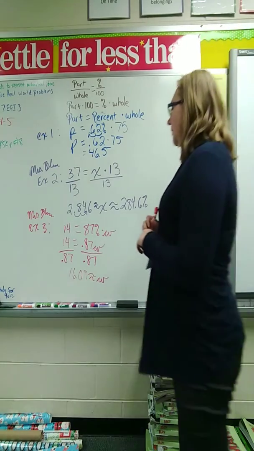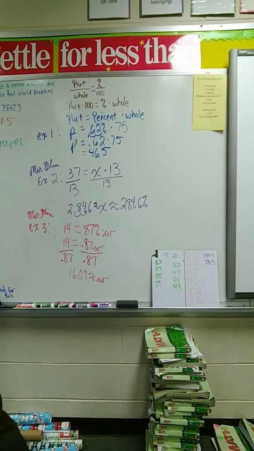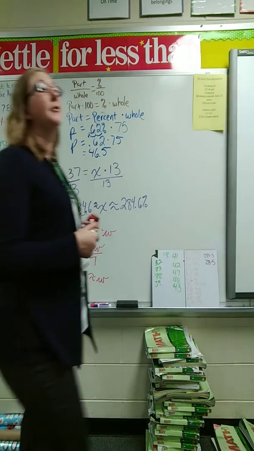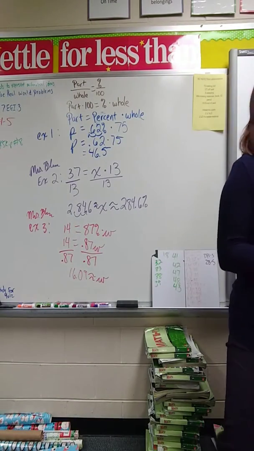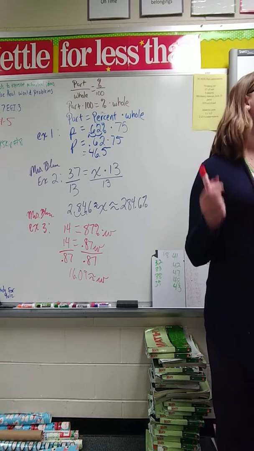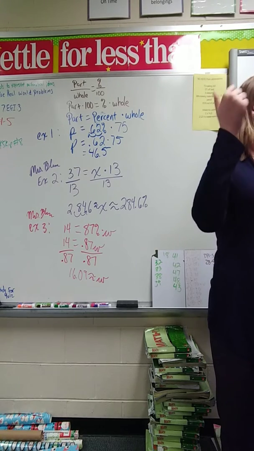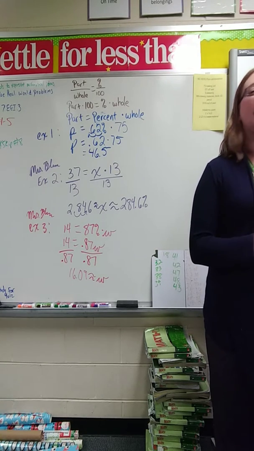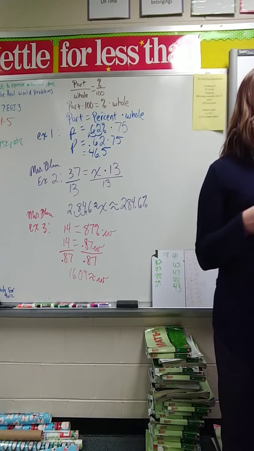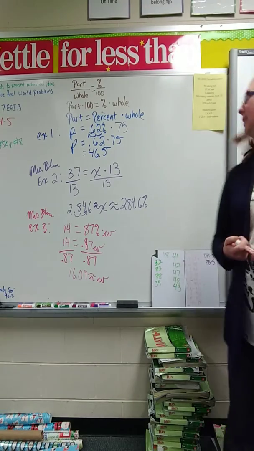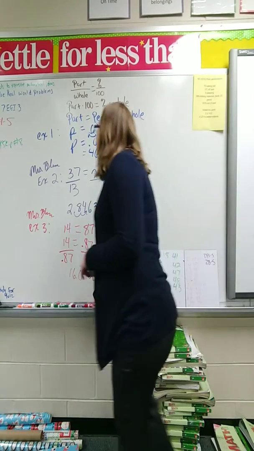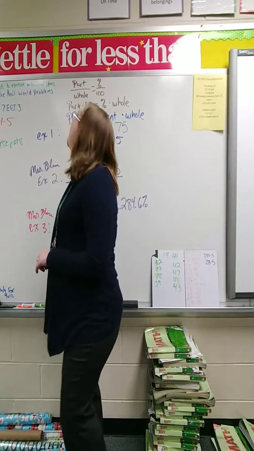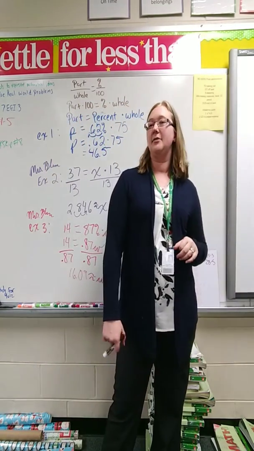Alright? If we look at example 4 in your book, it talks about buying a camera for $250 and finding 6% sales tax on that. Let's use 8, because we live in a state where we have 8% sales tax. Is that high? 8% is kind of average for sales tax.